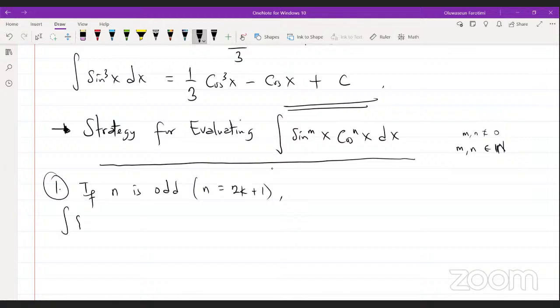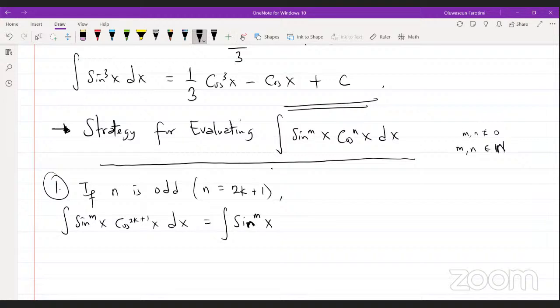Let's see. We have cosine, and n is odd, so I can replace n by 2k plus 1, cosine to the 2k plus 1 of x dx. What else can I do, guys? This is all about indices at this point. You have m as a power.